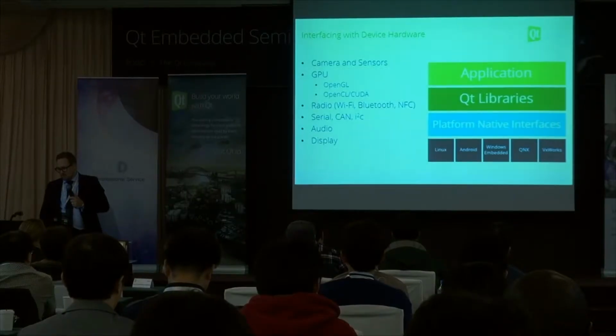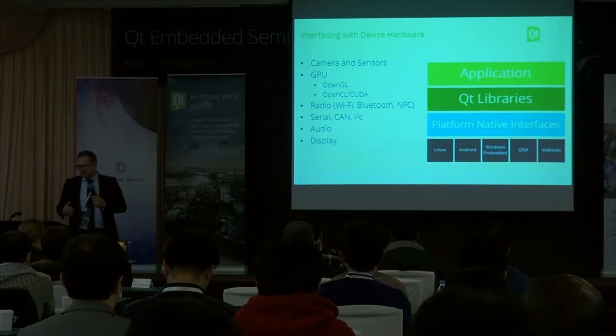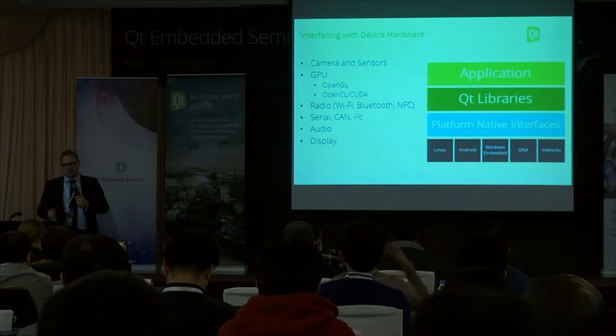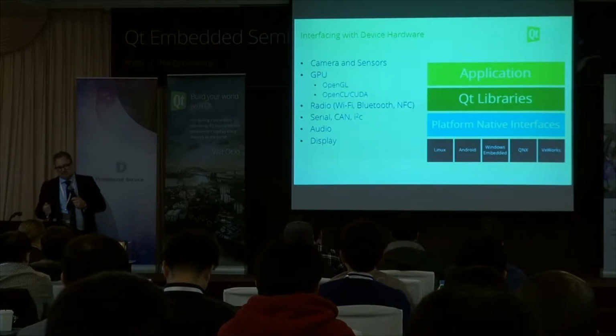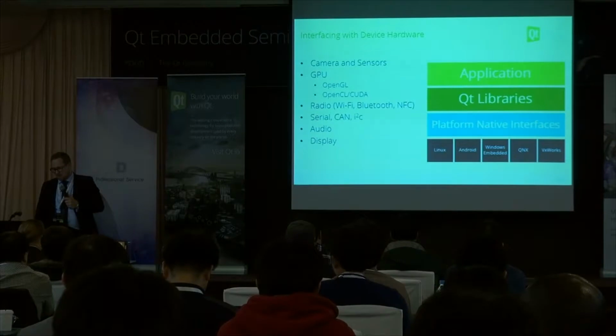So you need to find good middleware, and Qt is an example of that, to use these things. You have a number of platform native ways to interface with the devices, and what we do is that Qt provides an interface with all of these native features.